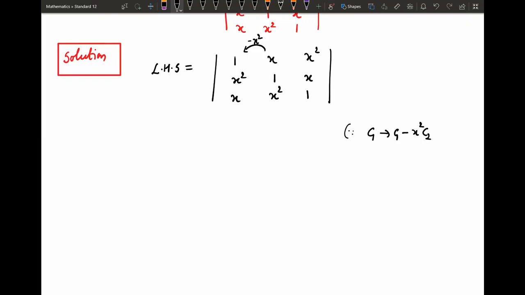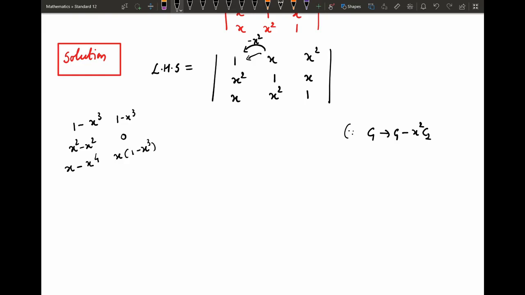first column, then here it will be 1 minus x cube. If we multiplied this by minus x square, add here. Similarly, x square minus x square, here it will be 0 and here it will be x minus x raised to 4. So simplification will be, this will be 1 minus x cube, our first column will be, and if we take x common, 1 minus x cube.